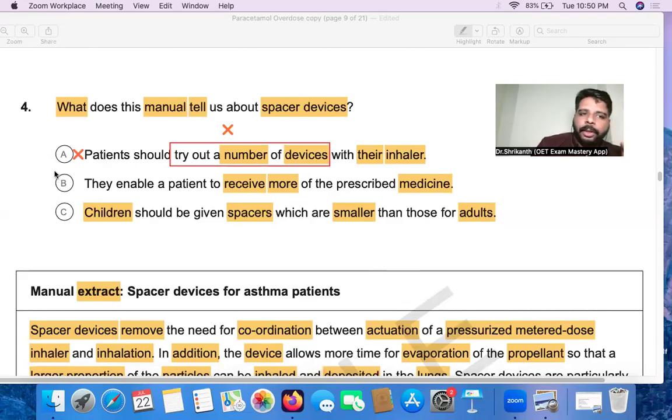Now it is either option B or option C, right? Now let's come to option B. What is the verb in answer option B? They enable the patient to receive more of the medicine. Is this verb mentioned? Receiving more, medicine. So the keyword is mentioned, the verb is mentioned. So each and every keyword over here is mentioned in the passage. The verb is mentioned.